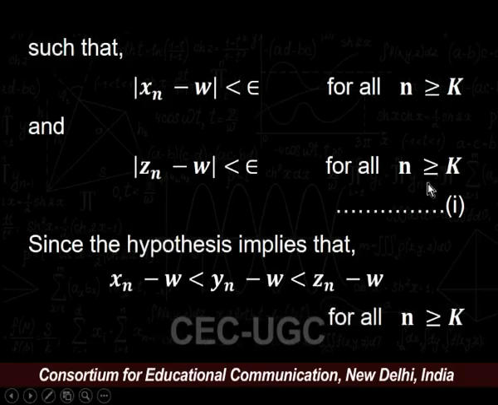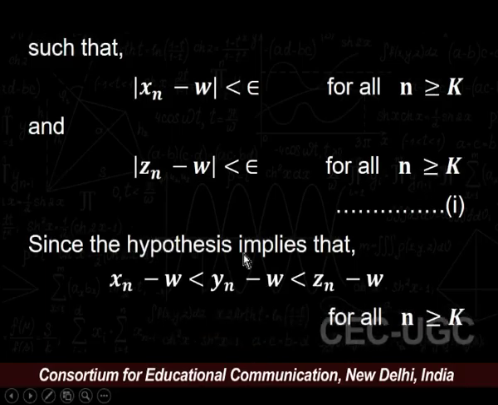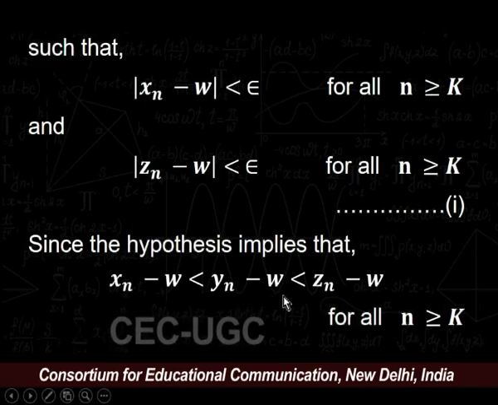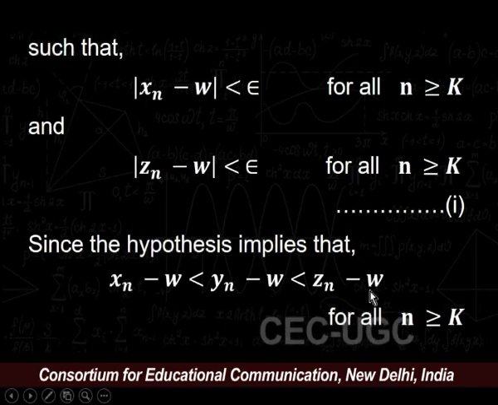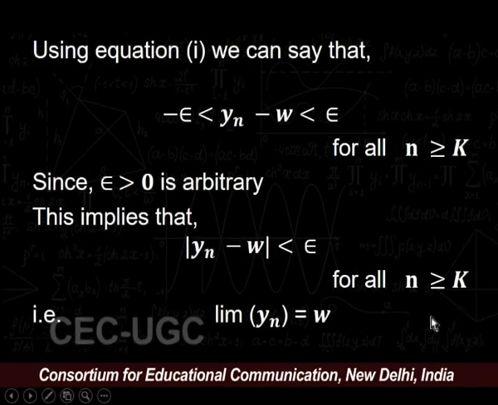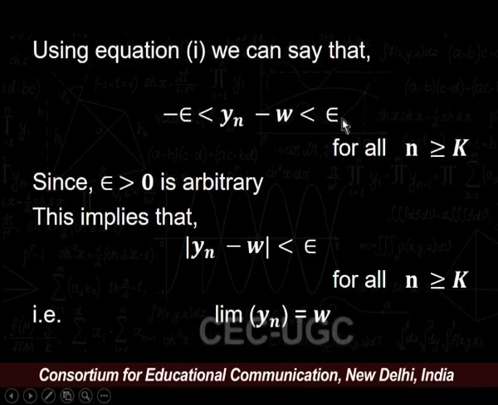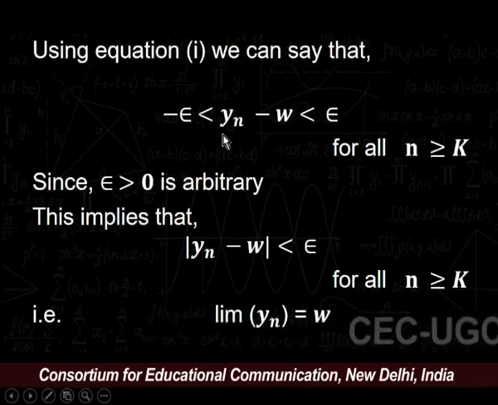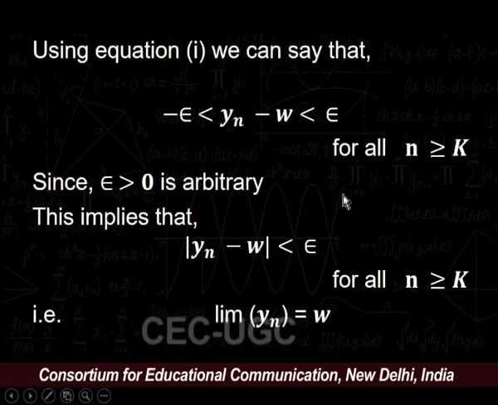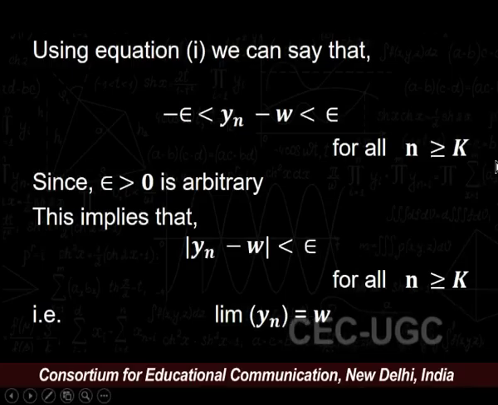Now, by the given hypothesis, we can conclude that xn minus w is less than or equal to yn minus w, and yn minus w is less than or equal to zn minus w for all n belonging to the natural numbers with n greater than or equal to k. Using equation number 1, we can say that minus epsilon is less than yn minus w and yn minus w is less than epsilon for all n greater than or equal to that natural number.